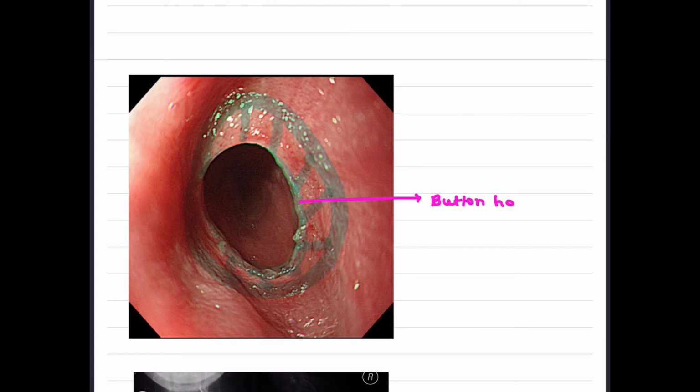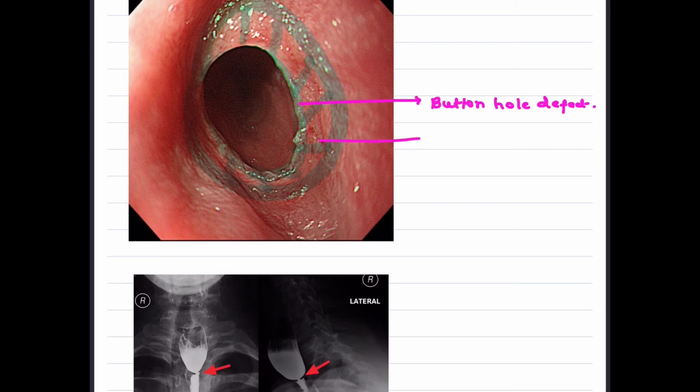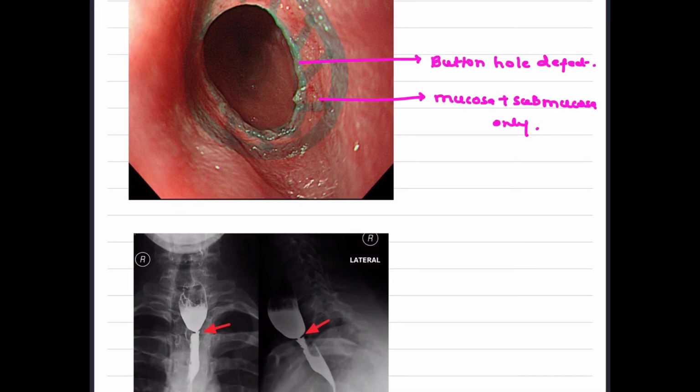Buttonhole deformity means only the central part is left as a patent lumen. This buttonhole deformity will lead to jet phenomenon. When contrast passes through it, it will lead to formation of a jet image just below the web. So jet phenomenon is seen in the esophageal web.